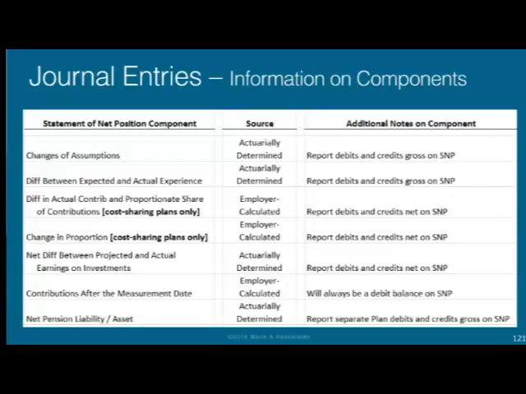So this gives you a good summary, again, better in your handout than on the screen, of the different components of your statement of net position, where you get the information, the source, and any additional notes on whether your debits and credits are reported gross or net.